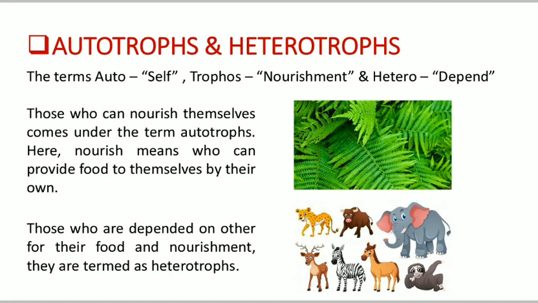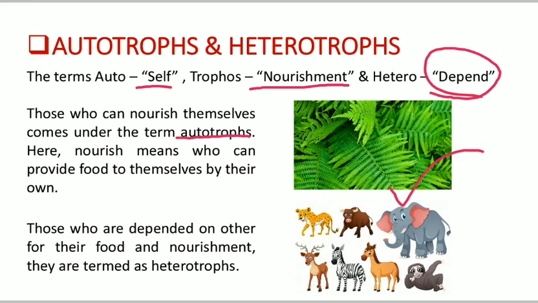So now come to the next slide, that is, what are autotrophs and heterotrophs. As you all have read, we human beings cannot make our own food, whereas the plant can prepare its food. The term auto means self, trophs means nourishment, and hetero means dependent, right? So those who can nourish themselves come under the term autotrophs, that is, those who can provide food to themselves on their own.